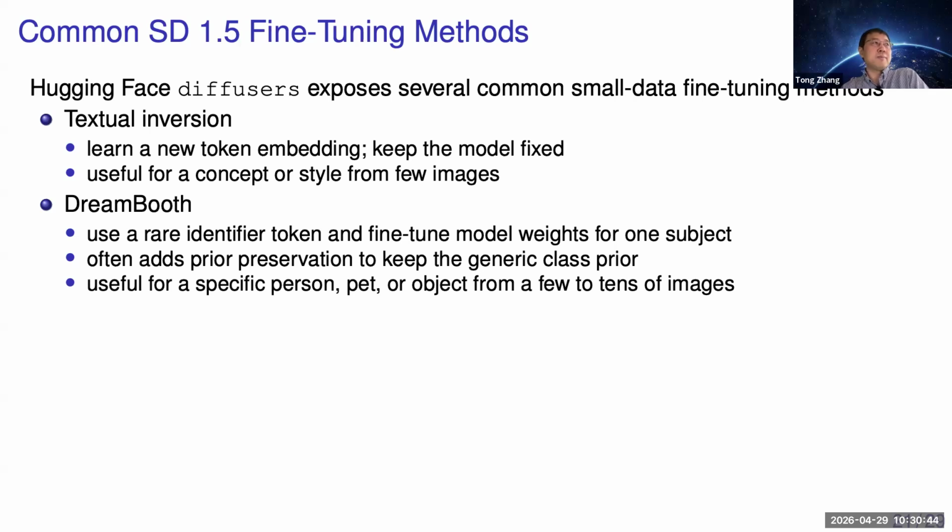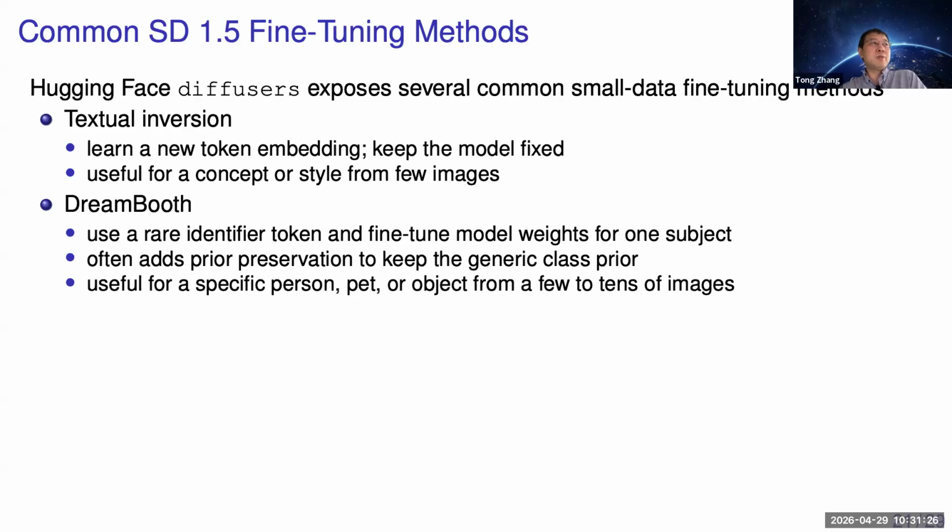It's more like a personalization. Use a rare identifier token and fine-tune model weights for one particular subject. It also has something called prior preservation, which tries to prevent overfitting. For example, you have a specific dog, maybe a black dog, but it's your dog, different from other black dogs. You call it token A, and when you generate with it, they should generate your dog.